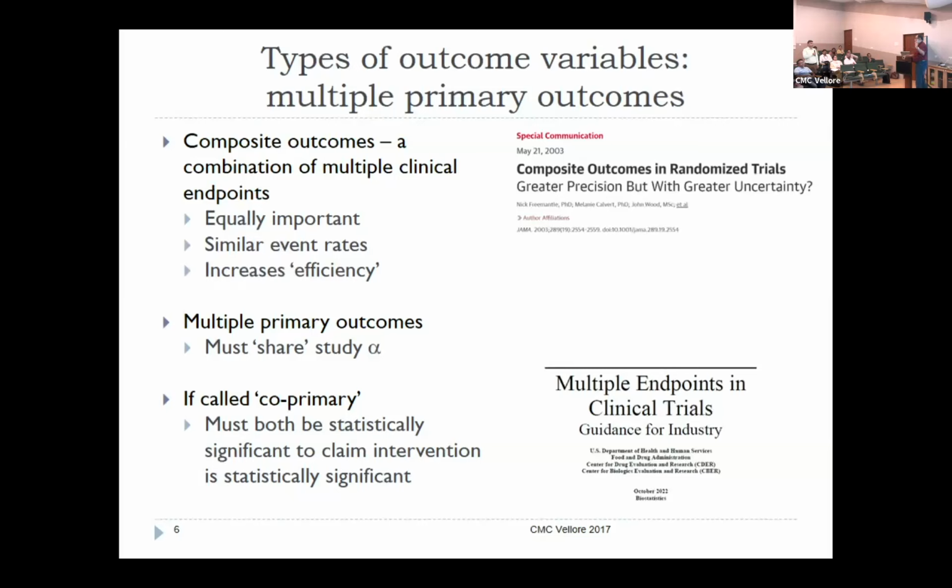People call them outcomes, but they're not outcomes. They are random variables. They're not based on a clinical event. They're based on a pharmacodynamic or pharmacokinetic property of that drug. So you can have multiple things.